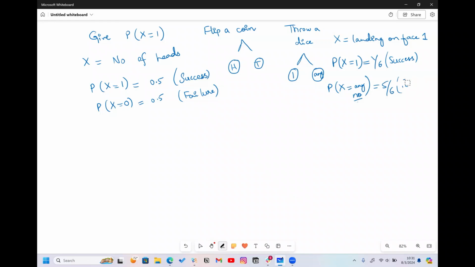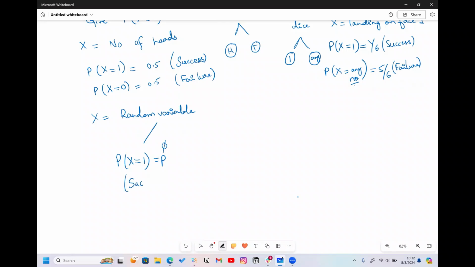Okay, I don't need to write this all the time. Let's try to generalize it. x is a random variable, and the probability of success, P of X equals 1, will be P. In the textbook they've taken phi, but I'm just using P because that's what I'm always used to.